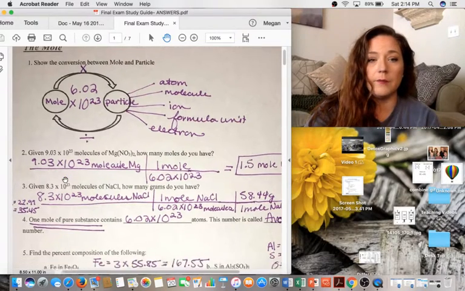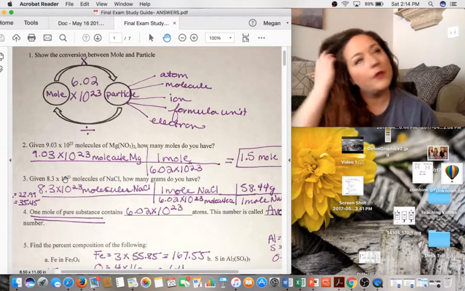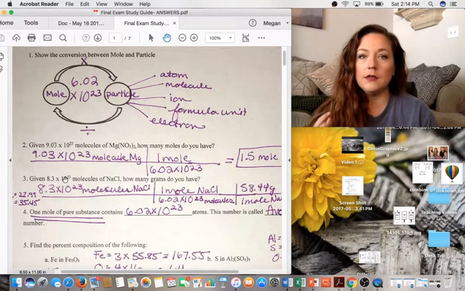So here we go. Please remember that when we're talking about a mole, we are literally talking about a quantity. There's no set size to moles. There's no set grams to moles.